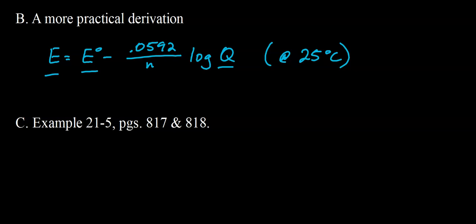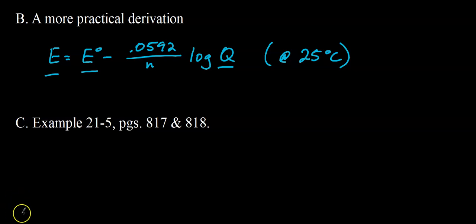If Q is greater than 1, the log will be positive, and that means E is less than E naught. Of course, the opposite is also true. If Q is less than 1, where we have reactants favored, then the log of that will be negative, and E will be greater than E naught. So just some things to think about, especially when you're doing calculations. Make sure that your answers agree with your predictions.